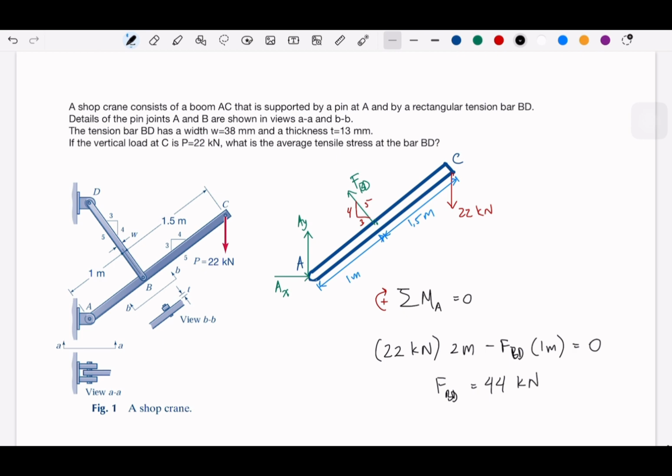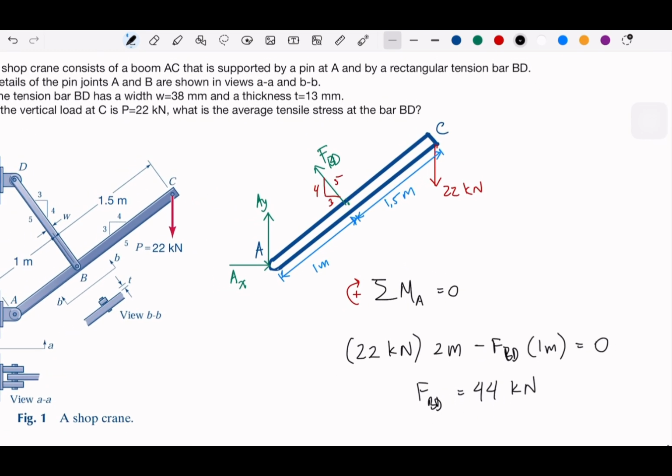Hmm? 2.5. Should be, let me check. Oh, it's the 3, 4, 5 triangle. I forgot. I skipped the process. Sorry.